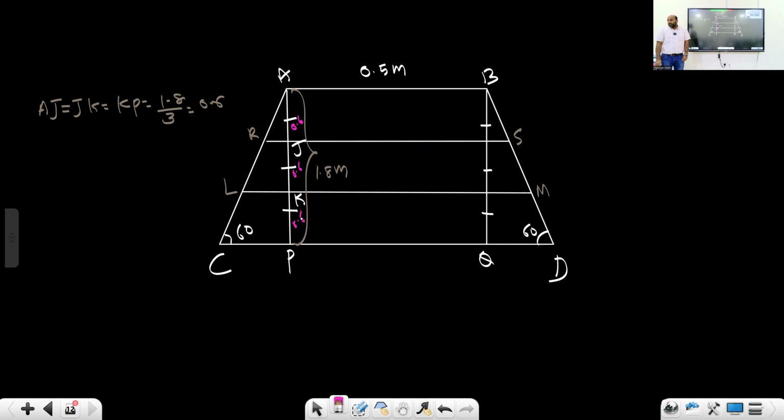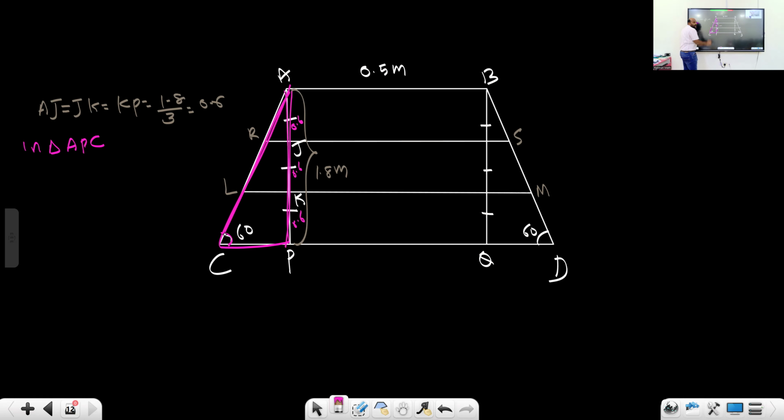What is the first question? We want to find AC. See, we have to consider this triangle. In triangle APC, first answer. Now, according to this angle, we have the opposite side 1.8.